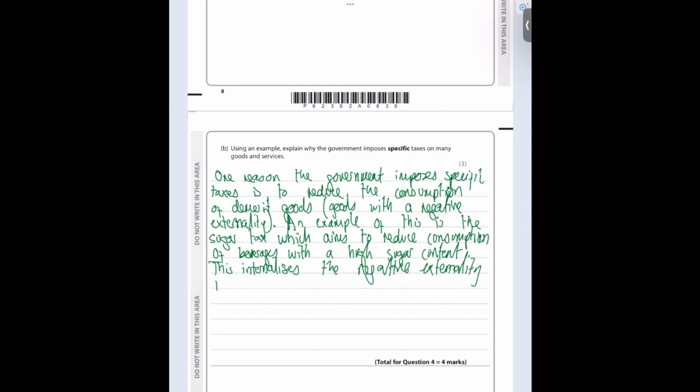This internalizes the externality from the person over consuming sugary drinks.